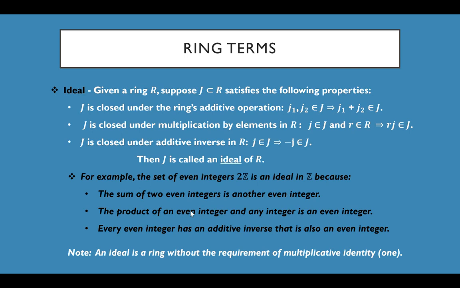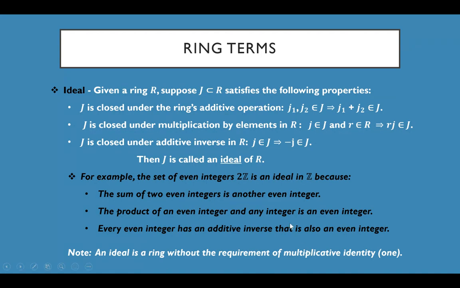So we can say that 2Z is closed under multiplication by elements in Z. And finally, every even integer has an additive inverse that also happens to be an even integer. So 2Z satisfies these properties, so we can say that the even integers 2Z is an ideal of the integers.